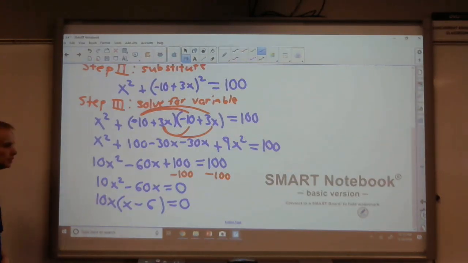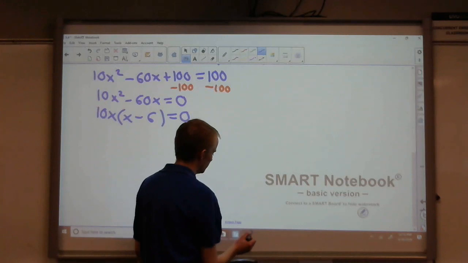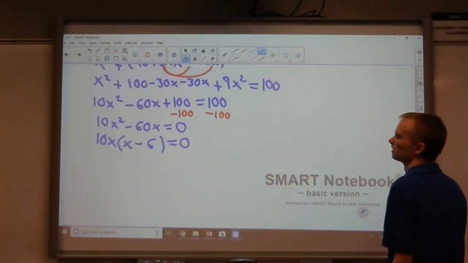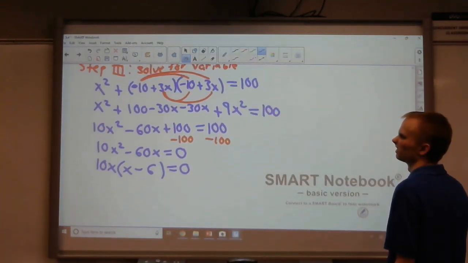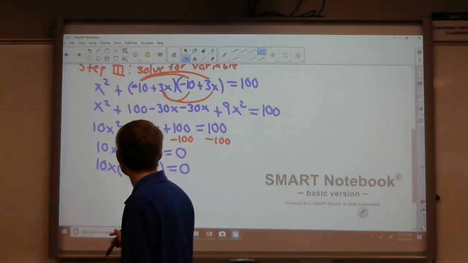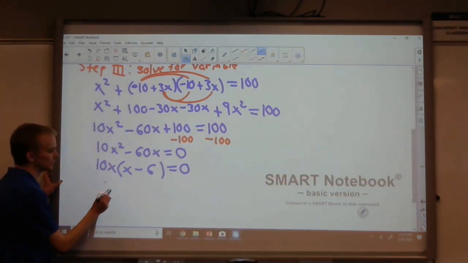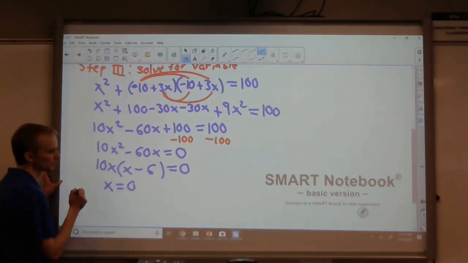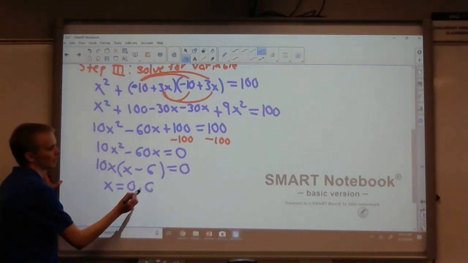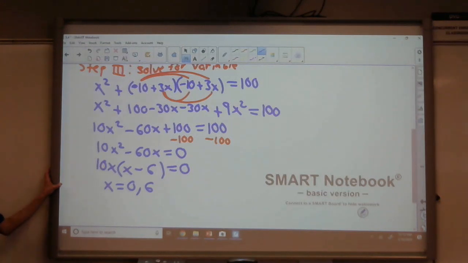So what values of x will make this work? Well, where will this be 0? It will be at x equals 0 and x equals 6.